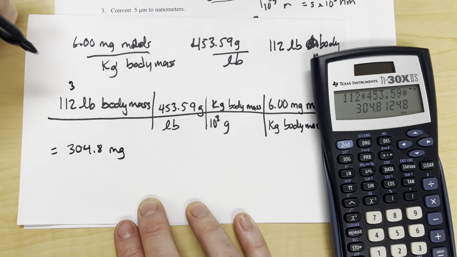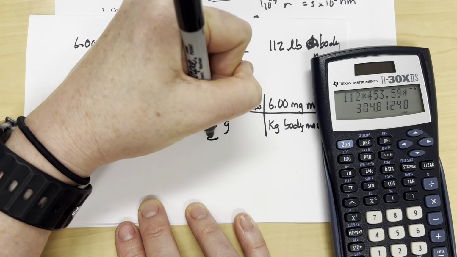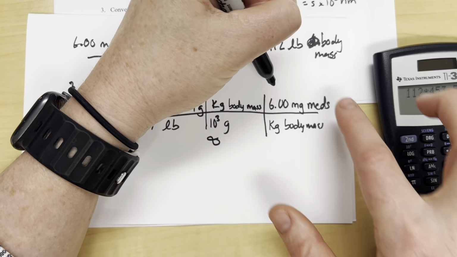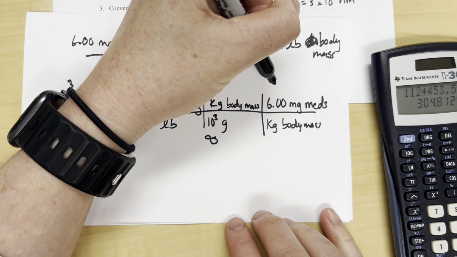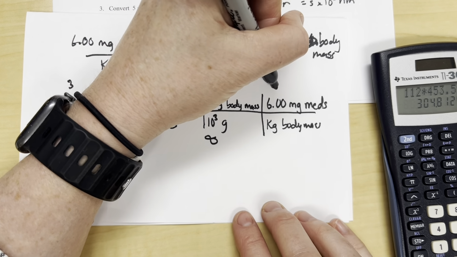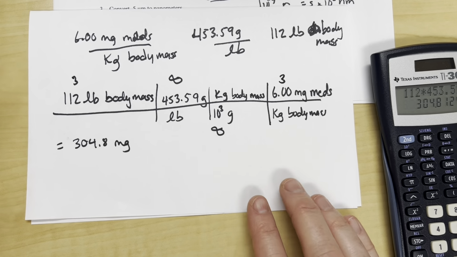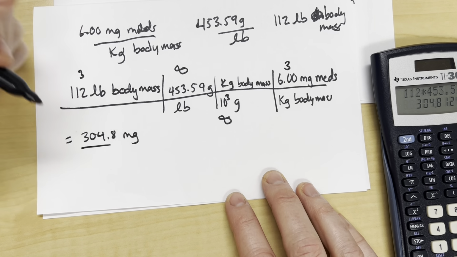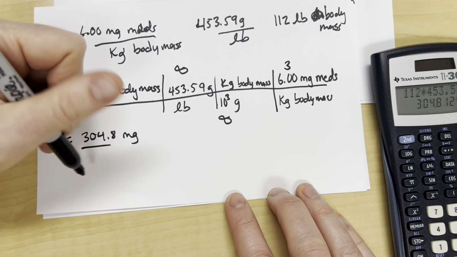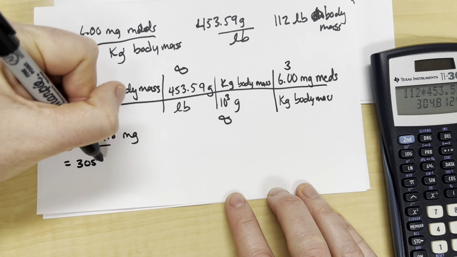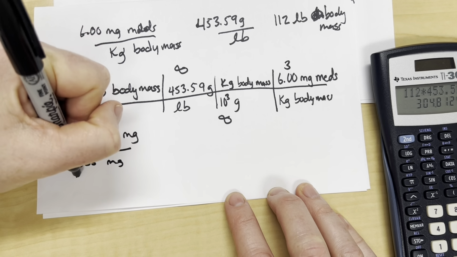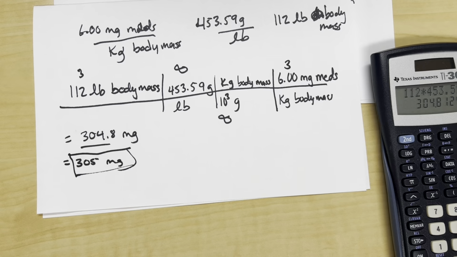But this has 3 sig figs. We said to look at this as infinite. This is likely a measurement because it's based on research, so that has 3. So our final answer should have 3. We underline those 3, ask if the number next to it is a 5 or greater. It is, and 305 milligrams would be our final answer.